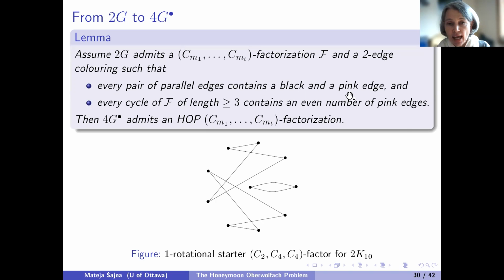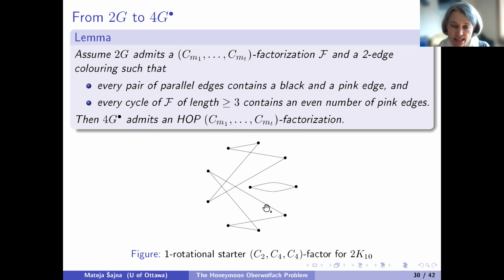In other words, we're looking at a pink and a black copy of G, if you wish. And then in addition, every cycle of length at least 3 must contain an even number of pink edges. If this is the case, then we can double this original two-factorization of 2G to get an HOP two-factorization of the fourfold graph G with the same two-factorization type.